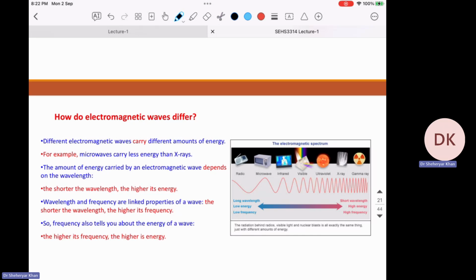The third example is when you have a pulsating waveform, right? So this is the third example.